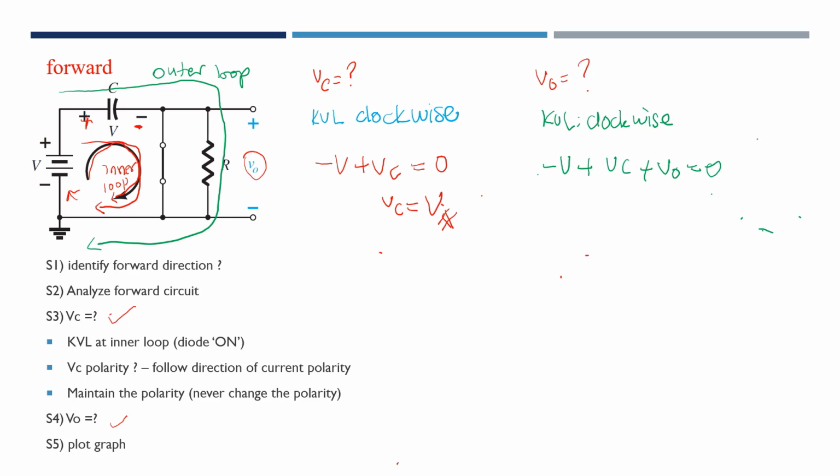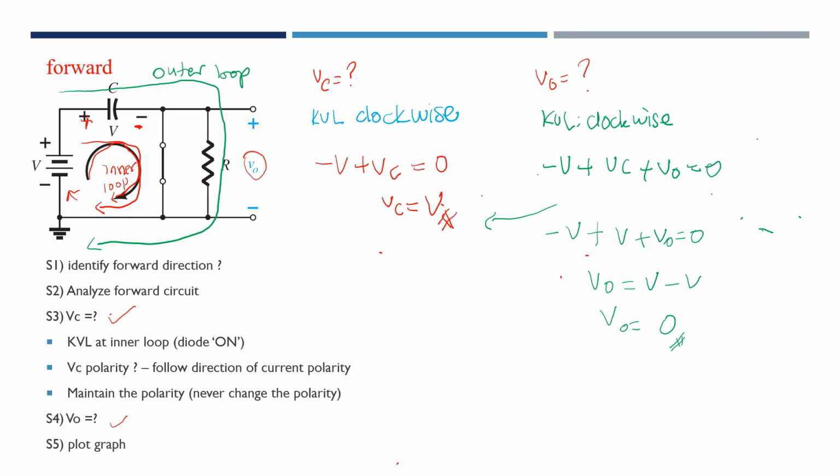Since we know from here that VC is equal to V, we can replace the value of the VC. So here we get negative V plus V plus V out is equal to 0. And here we get V out is equal to V minus V, so V out is equal to 0.